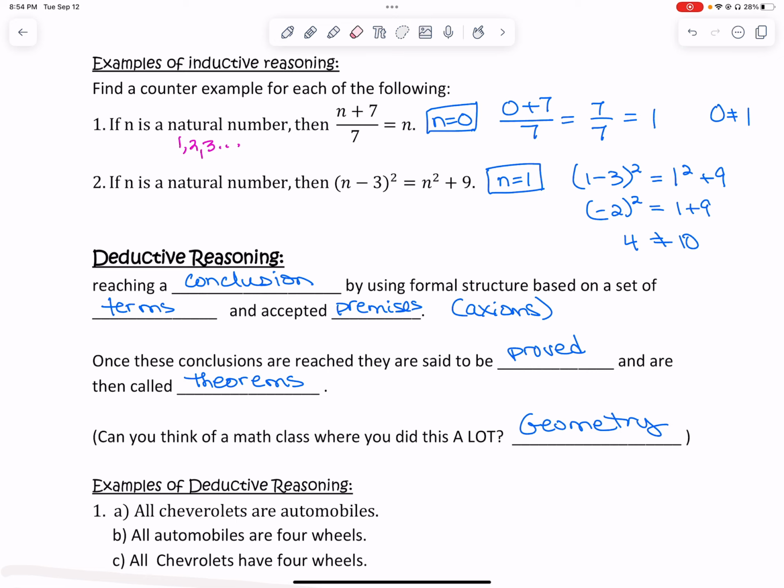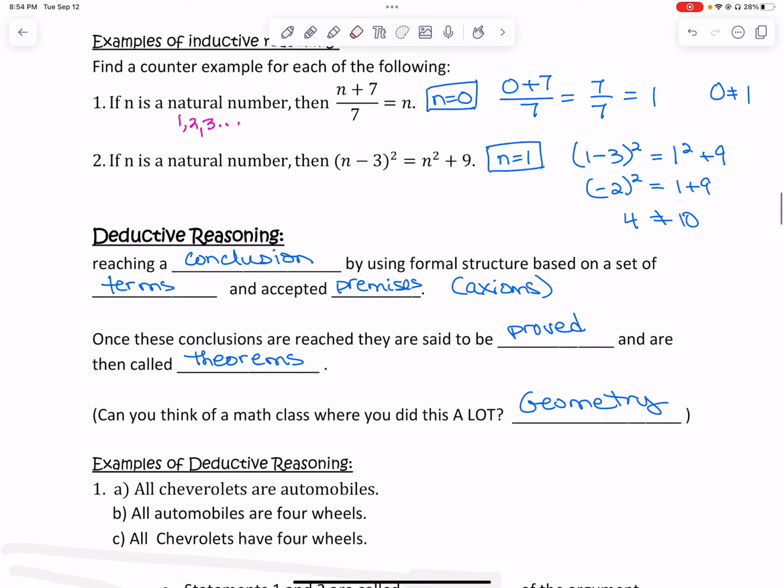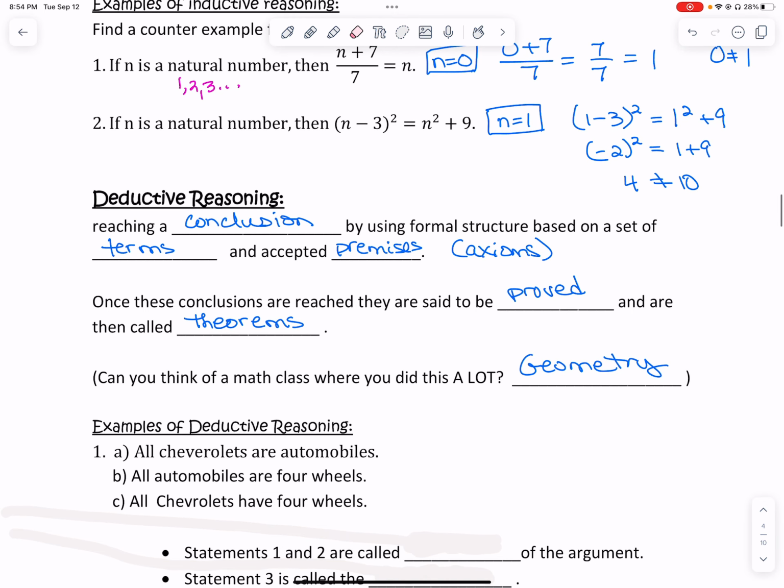Now, geometry, I will say when I was in high school, the majority of that class was proofs. When I taught it, none of it was proofs. I'm like, what in the world? Anyway, now, at least as far as I know, it's a little bit more balanced. There's proofs and there's not proofs. But anyway, that's called deductive reasoning.